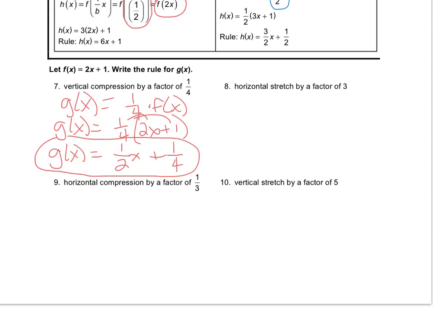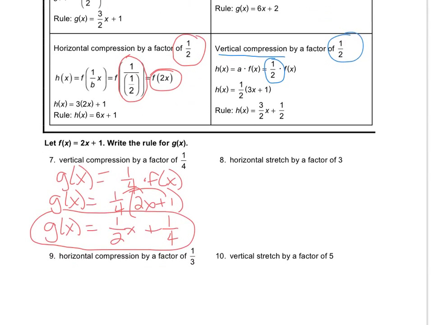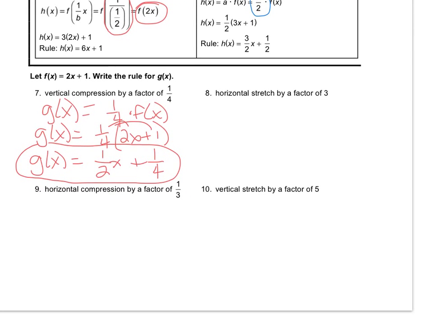Horizontal, remember, we have to do this reciprocal, and we're going to multiply inside the function. Okay, so horizontal stretch by a factor of 3. So let's start out with the generic g of x equals f of, now it's not going to be 3x, but it's going to be 1/3 x. All right, now let's actually put in our function, which is 2x plus 1.